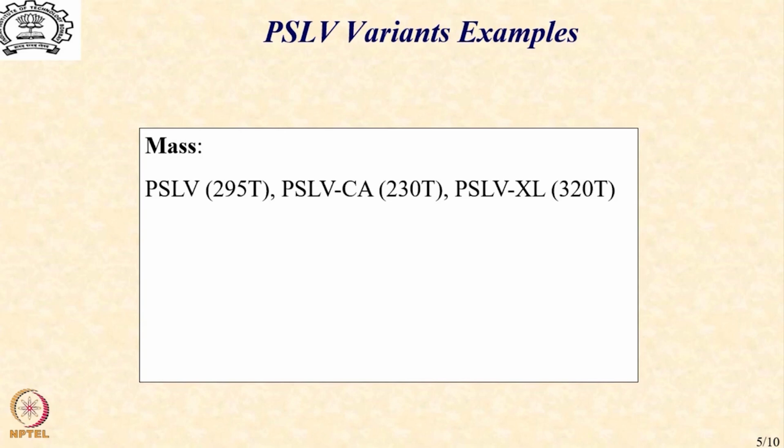The plain PSLV, which is 295 tons. The PSLV CA, standing for core alone, so it does not have any zeroth stage or booster stage, weighs only 230 tons, so it is about 65 tons lighter, which is about 20% less than the basic PSLV.